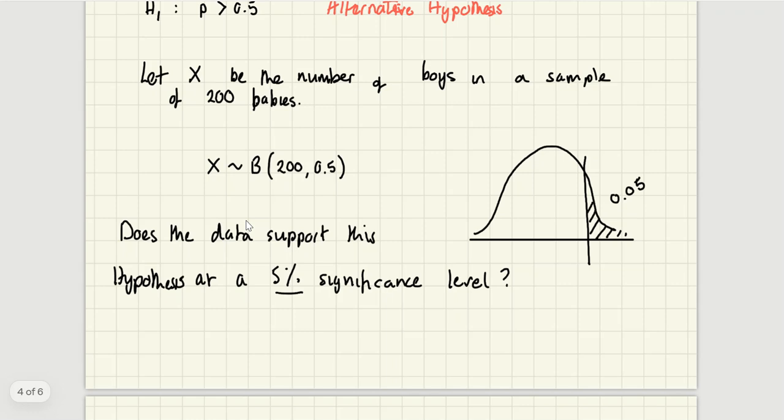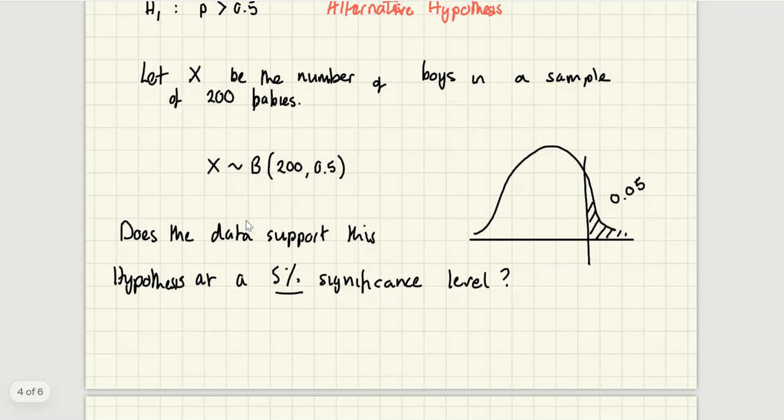All right? And we are going to look at the test statistic for 116, and find out whether the probability of it being 116 is less than 5%, therefore in this region, or more than 5%, which means it's in this region. Does that make sense? Yeah?